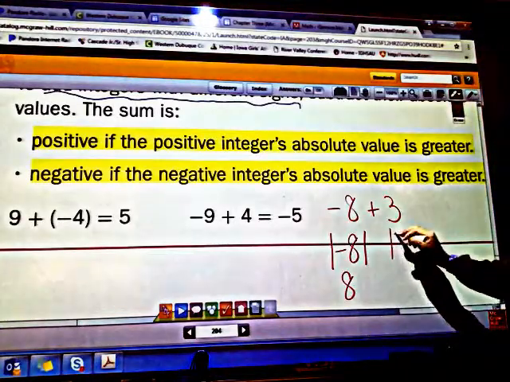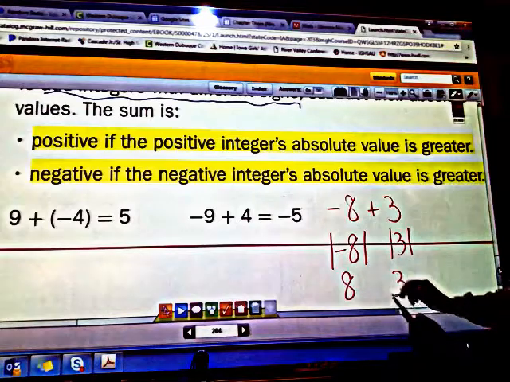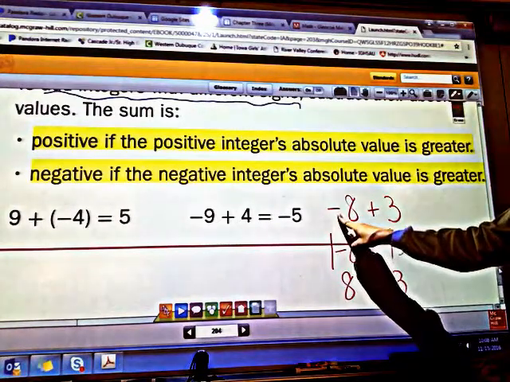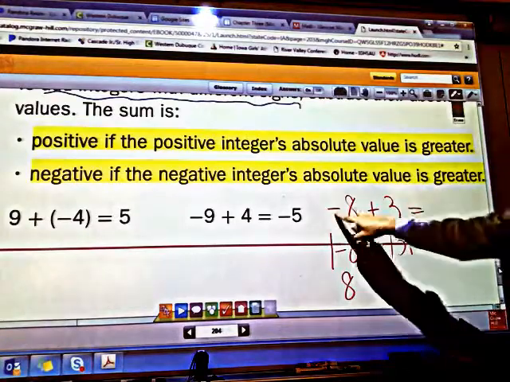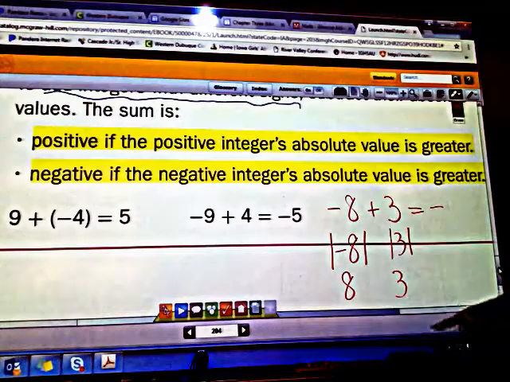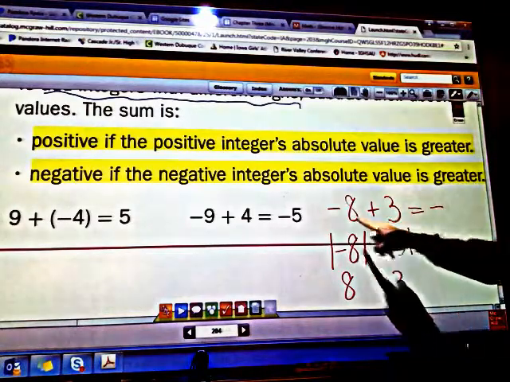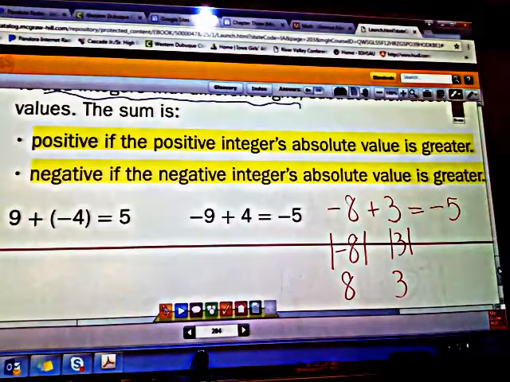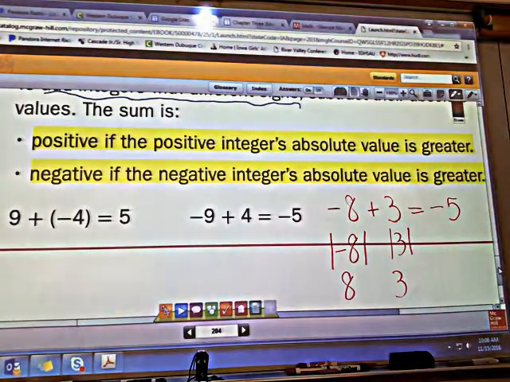Absolute value of 3 is going to be 3. So therefore, this is the one that has the larger absolute value. So my answer is going to have a negative sign because this one has the larger absolute value. Then what I am going to do is basically subtract these. So 8 minus 3 would be 5. So my answer is going to be a negative 5.